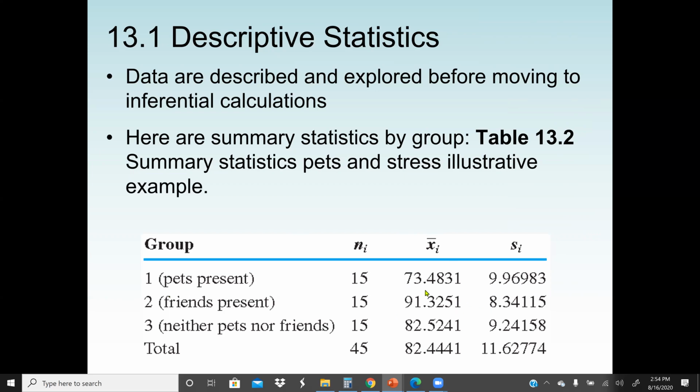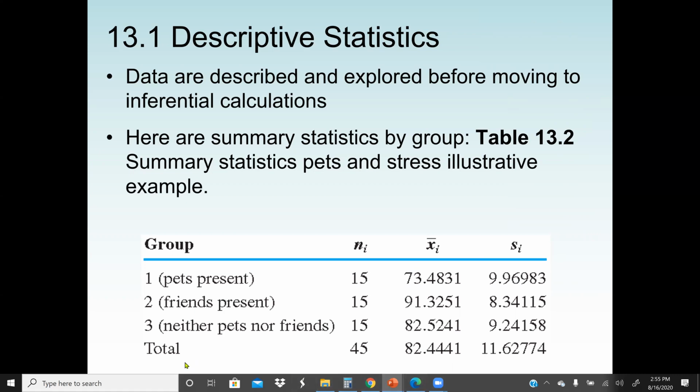The mean heart rate for group 1, when the pet is present, is 73.4831. Group 2, when the friend is present, is very high, 91.3251. Group 3, with neither pet nor friend, is 82.5241.